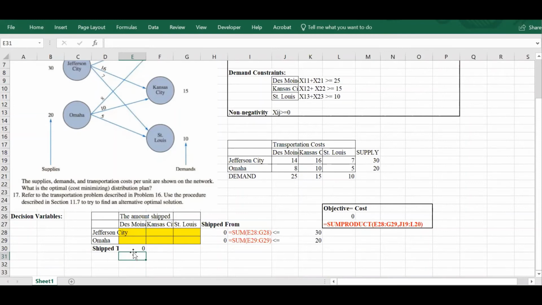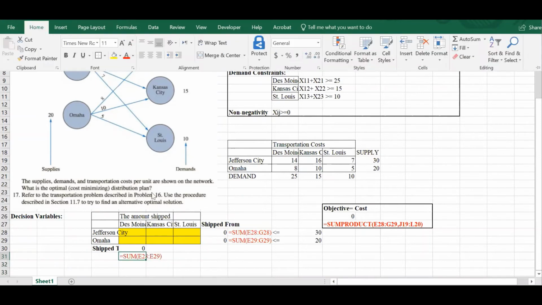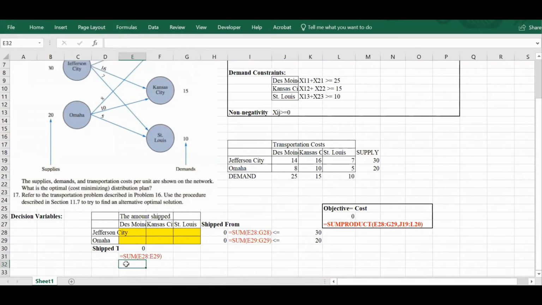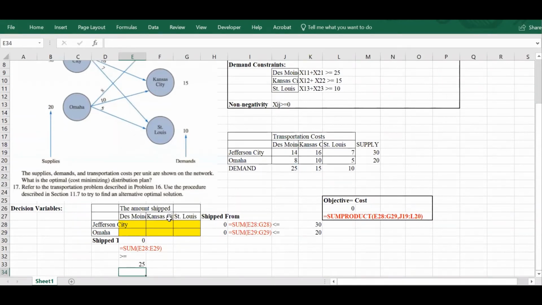So that should be greater than or equal to 25, and 25 is here. Sorry, equal 25. And I can just drag it to the right.